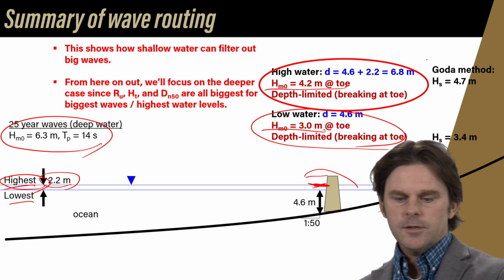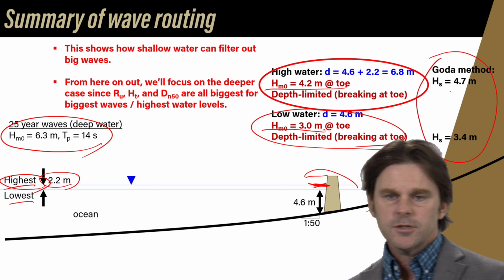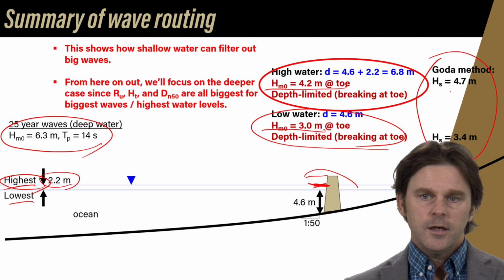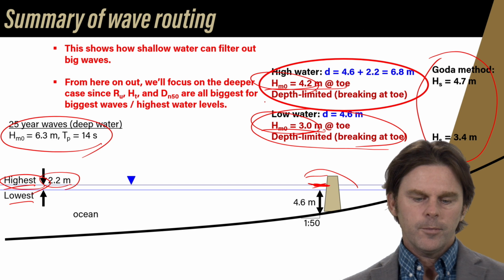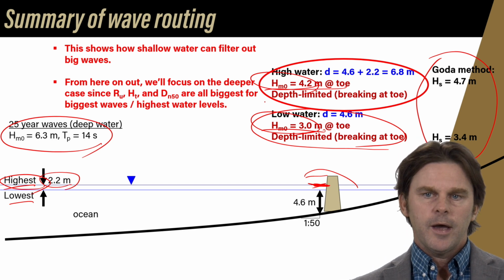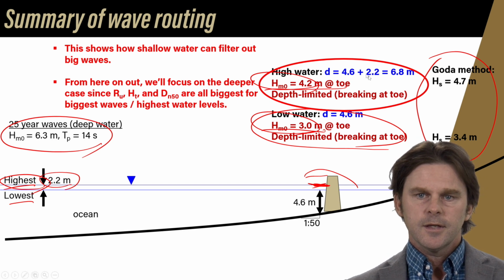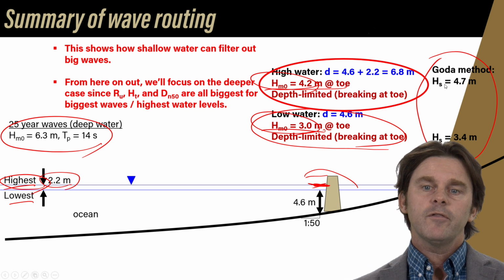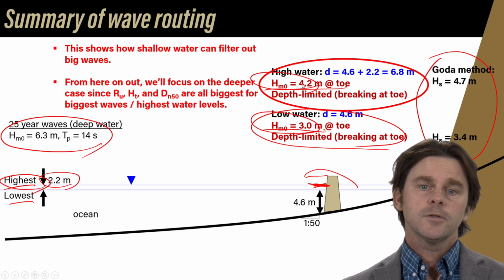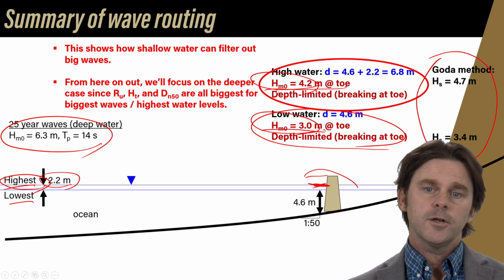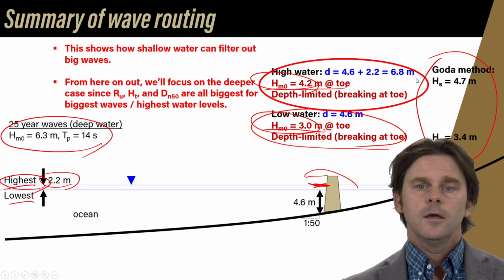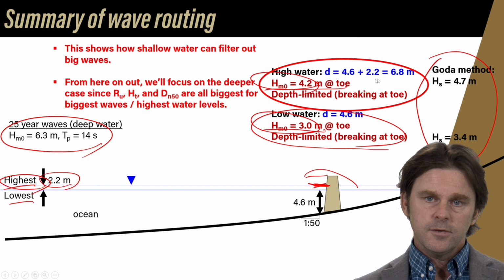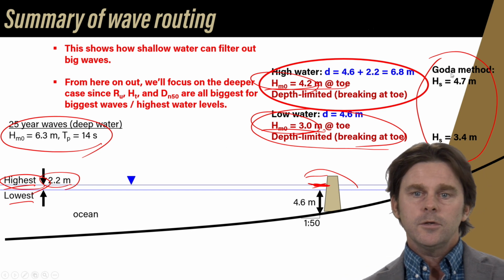One other thing is you may want to use the GOTA equations for your foreshore routing. And if you do so, you'll notice some differences between the graphical method, which is the 4.2 and 3, and the GOTA method. One of the reasons is that the GOTA method gives you the significant wave height, which in deep water is equal to the spectral significant wave height, but in shallow water they can start to differ. Okay, so that's one of the reasons why you wouldn't necessarily expect these two to be the same. Why would you use one or the other?